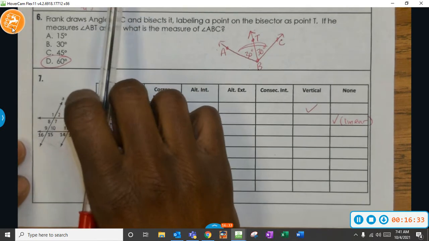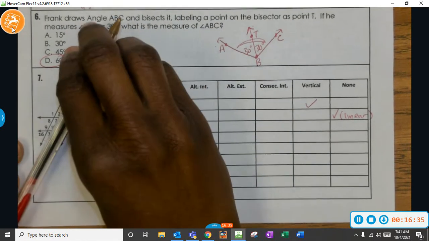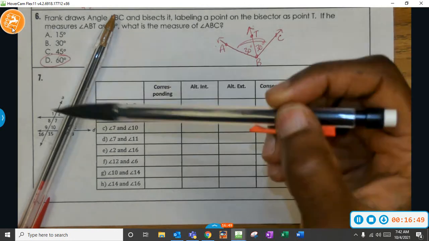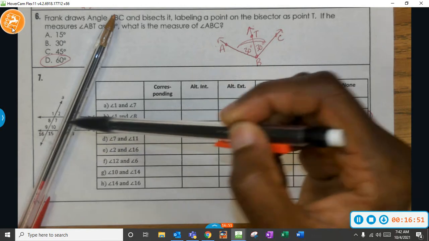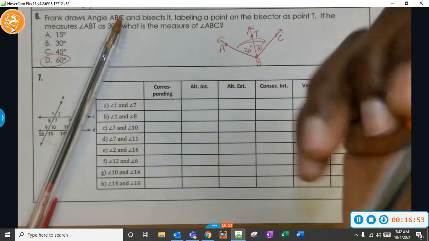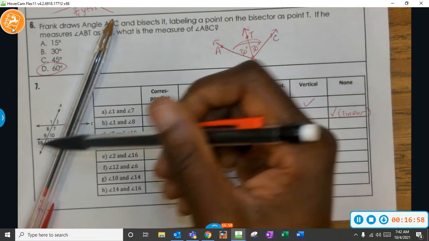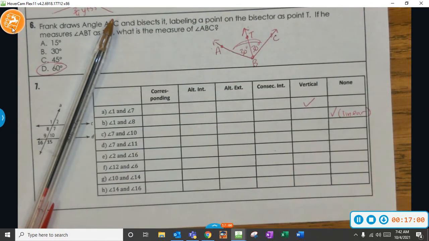Okay, 7 and 10. 7 and 10 are on transversal A, because if I cover up B, I can still see 7 and 10. So that's the line that both 7 and 10 are on. When it asks you for the transversal in the test, they want to know which line both of the angles are on. Technically they're on 3 lines: C, D, and A. But only 7 is on C, and only 10 is on D. Both of them are on A, so A would be the transversal.